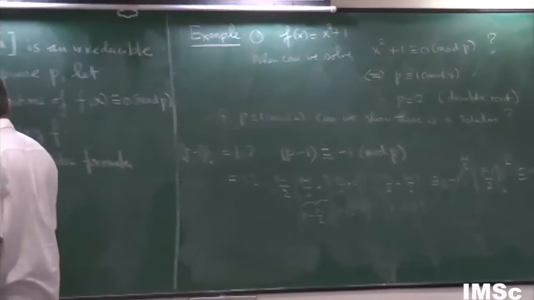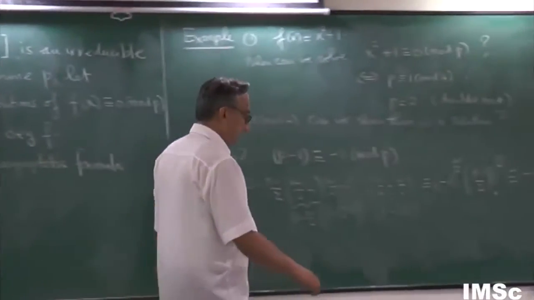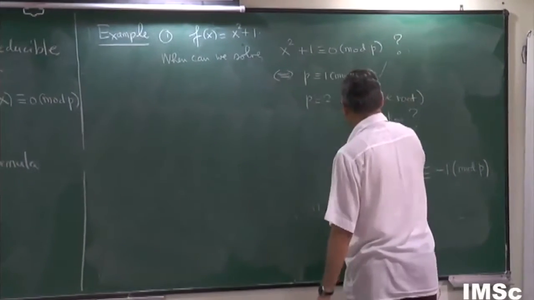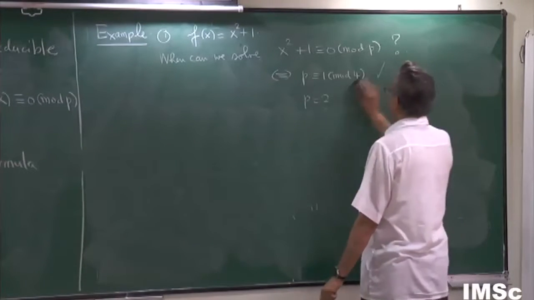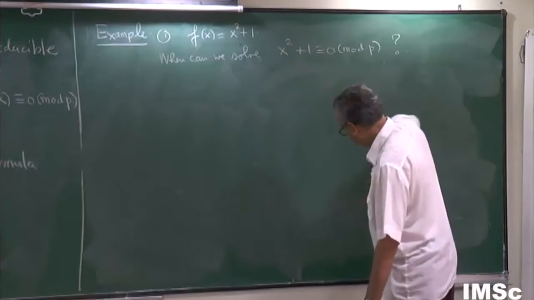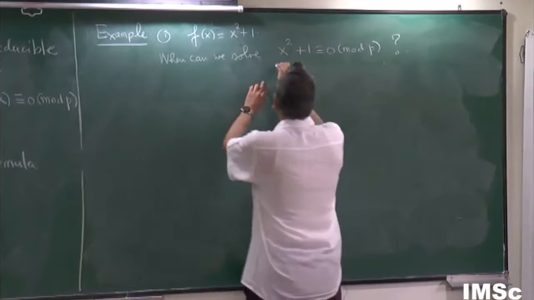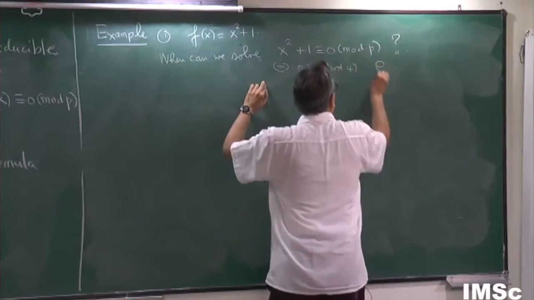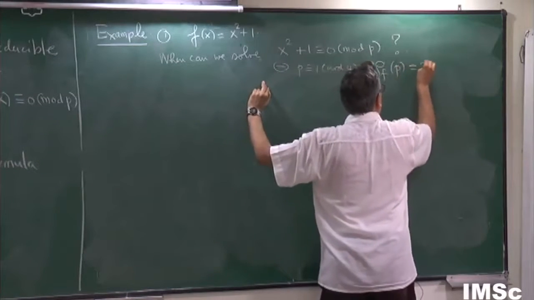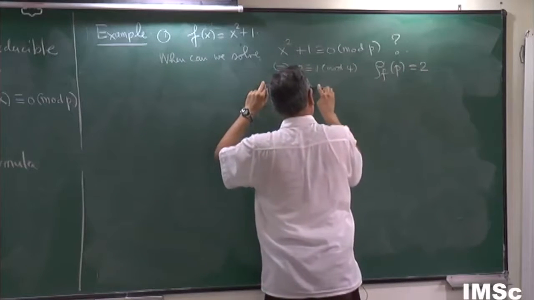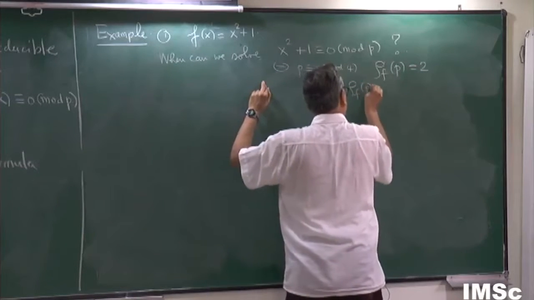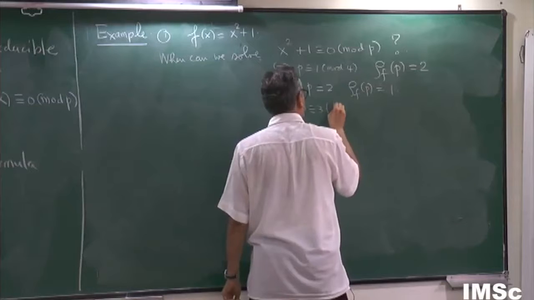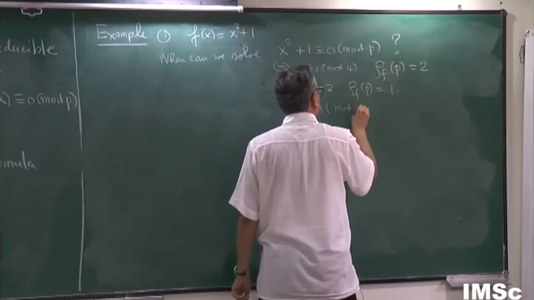Therefore, in the special case, this is if and only if p is congruent to 1 mod 4, in which case rho sub f of p is 2. If p equals 2, rho sub f of p is 1. And if p is congruent to 3 mod 4, it's 0.